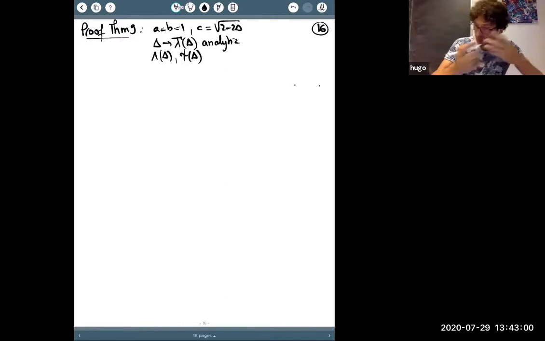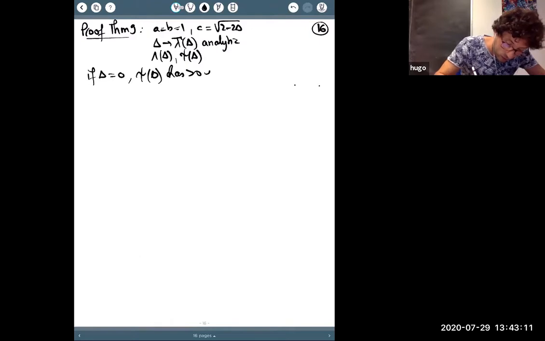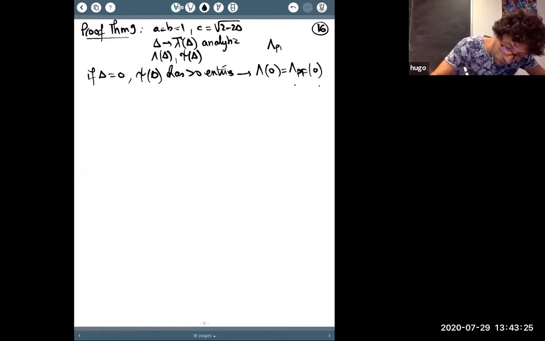So from that, first thing, if delta equals 0, then you check very easily that psi of 0 has strictly positive entries. And therefore, lambda of 0 is lambda Perron-Frobenius of 0, where lambda Perron-Frobenius of delta is the Perron-Frobenius eigenvalue of V_N of delta, okay?